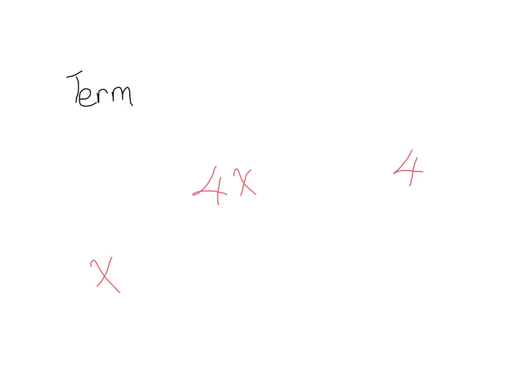Or I could have an exponent on my variable, so I could have x to the 5th, and that could be a term. So these are terms that will make up something bigger, and we'll look at what that bigger thing is in just a second.